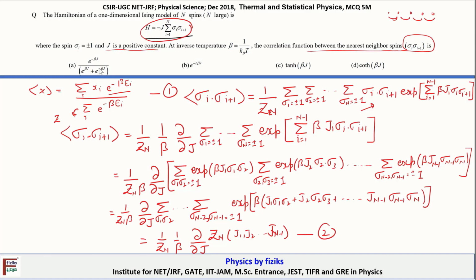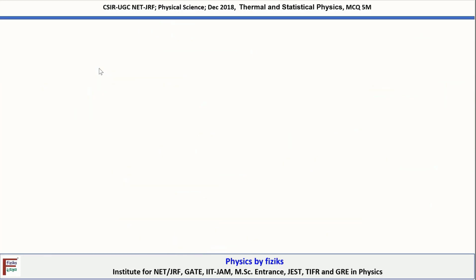So therefore ultimately our problem is left with the determination of the form of Zn, that is, how the partition function for n spins which are arranged in one dimensional manner will look. Okay, so let's try to determine the form of Zn.